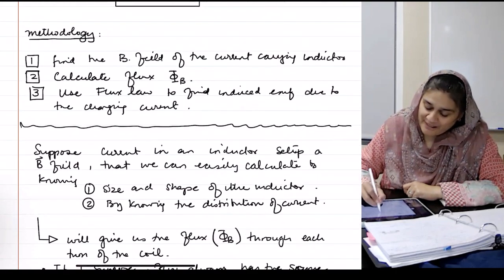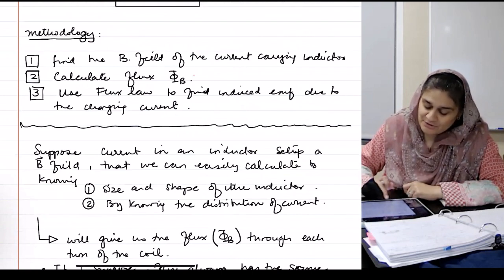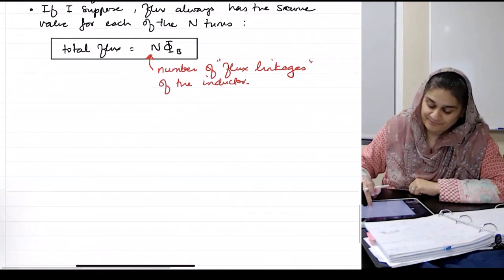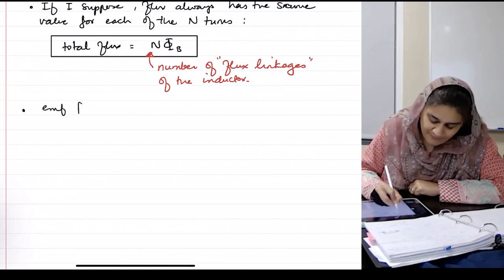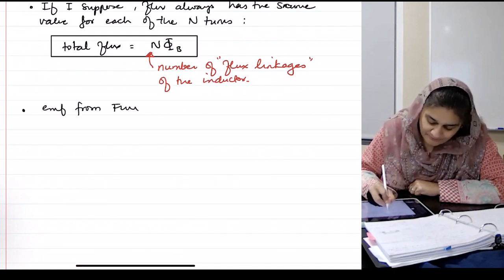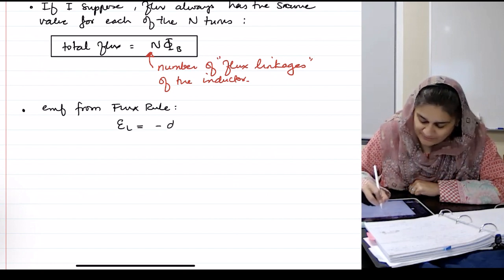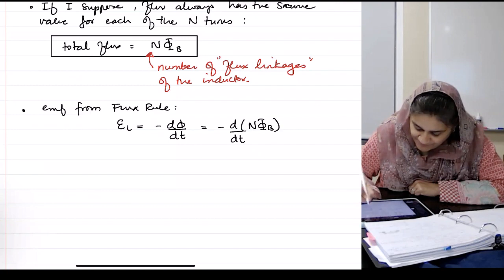so once we have the phi b or flux calculated, the next is to use the flux law to find the induced EMF due to the changing current. Okay, so then I can do EMF from flux rule gives me EL equals minus d phi over dt or minus d N phi b over dt.